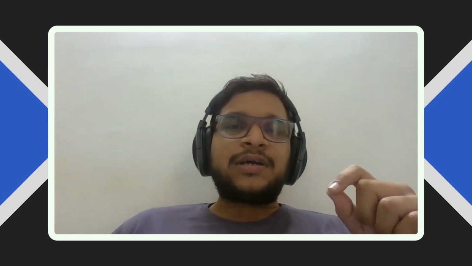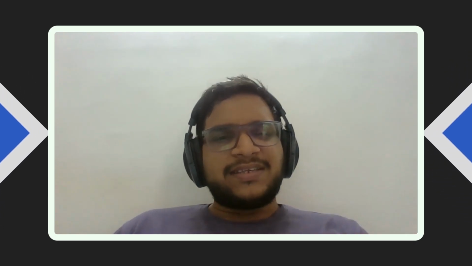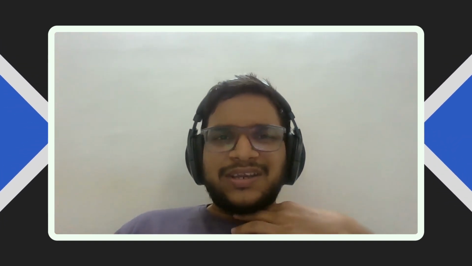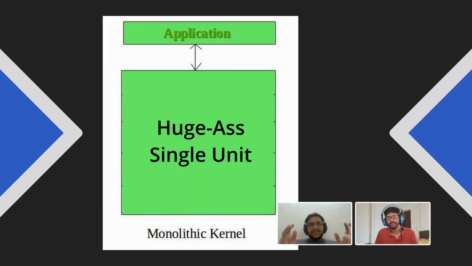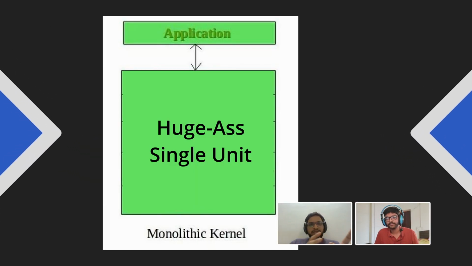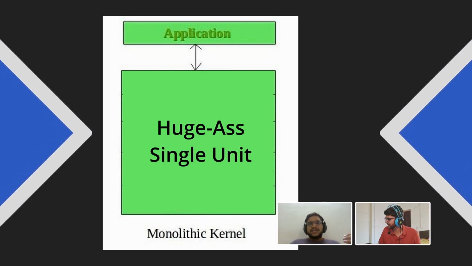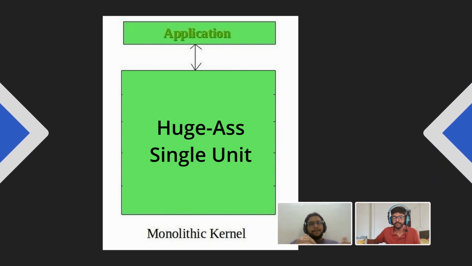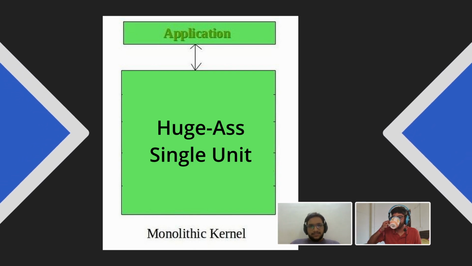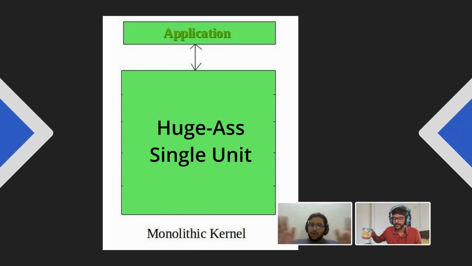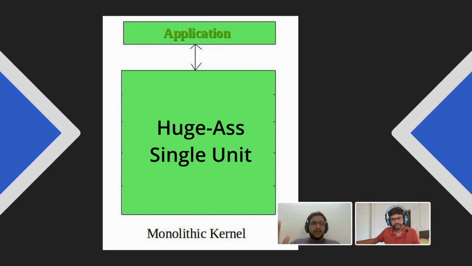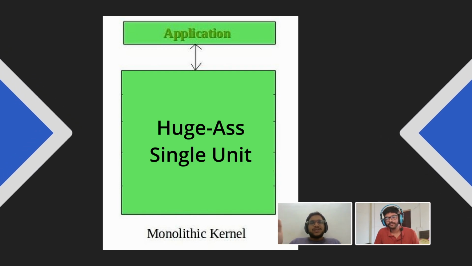In an operating system there are user level and kernel level, as I said, with their own spaces. In a monolithic kernel, you have a single space which has both user and kernel space. You have both user interactions and kernel interactions in the same space, and all of that works as a single process, or a single unit.